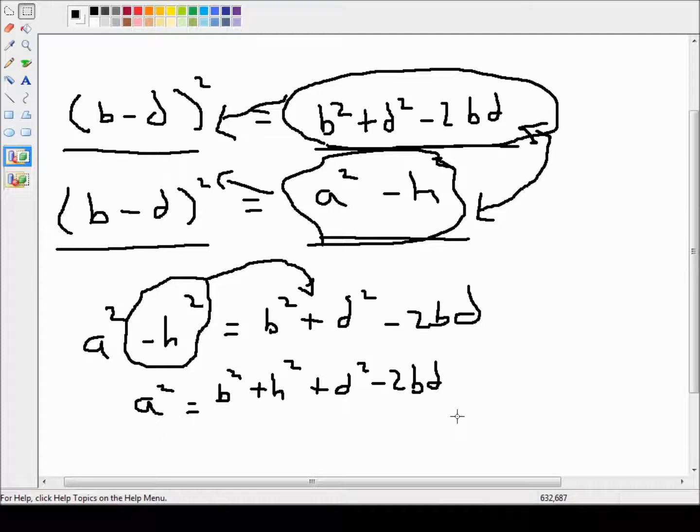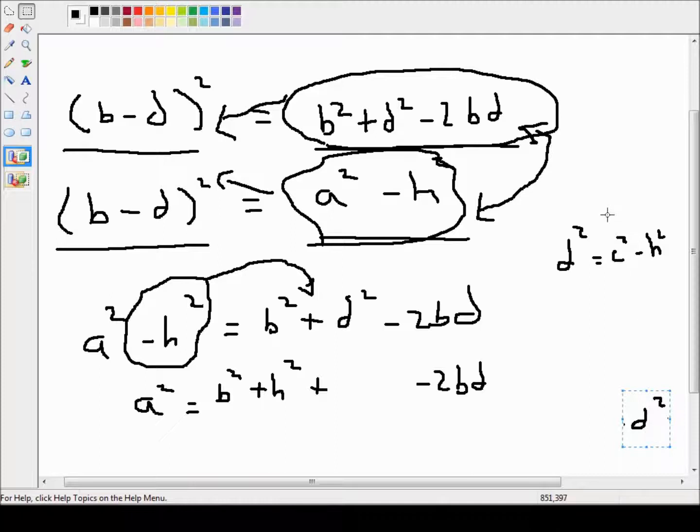Okay, that was a bit of a mouthful. Let's just try to explain what I was saying there. We already know that d squared is equal to c squared minus h squared. We did that almost towards the very beginning. Now what I'm saying is, if we take this d squared here out of the picture, we can replace it with c squared minus h squared, because d squared is equal to c squared minus h squared.